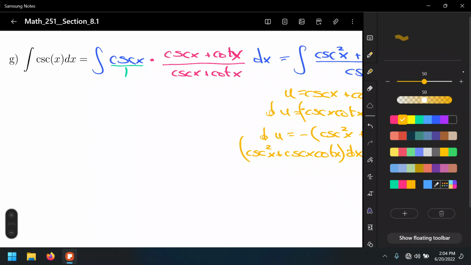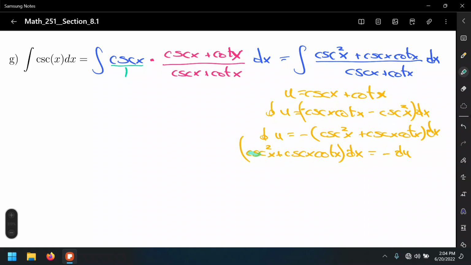So this will do it. That's the u du part. And so that's negative the integral of du over u, and the negative goes outside just so I don't leave it inside of the integrand.